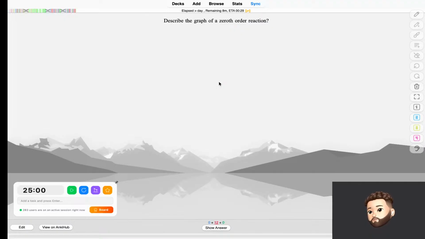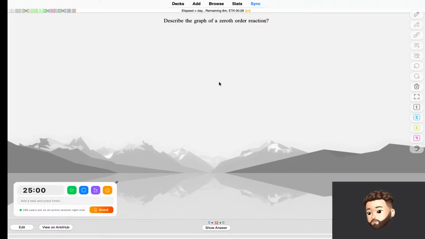Describe the graph of a zeroth order reaction. The rate is independent of the concentration of any reactant, so r is just going to be equal to k.